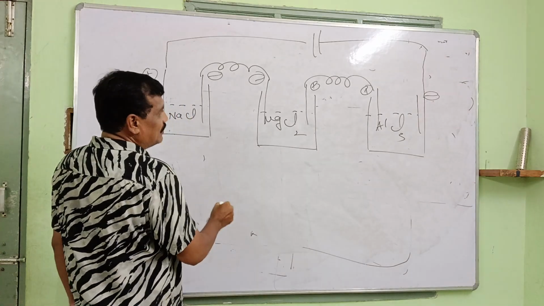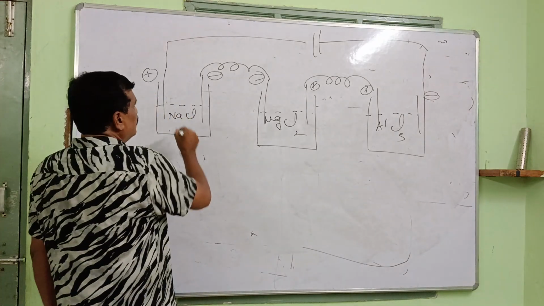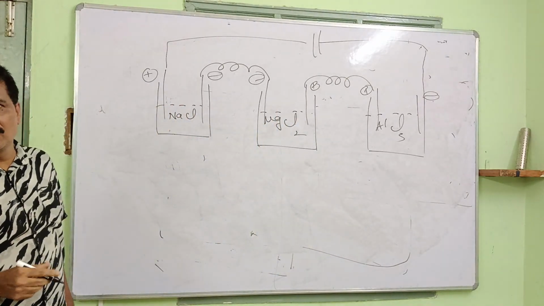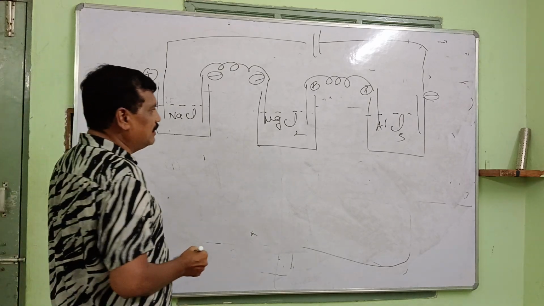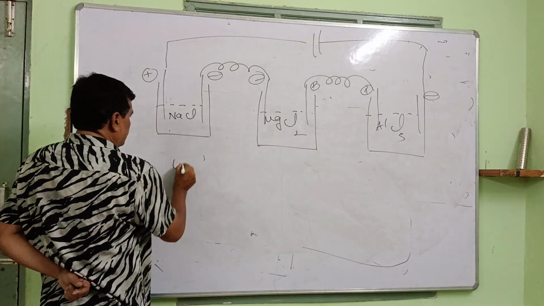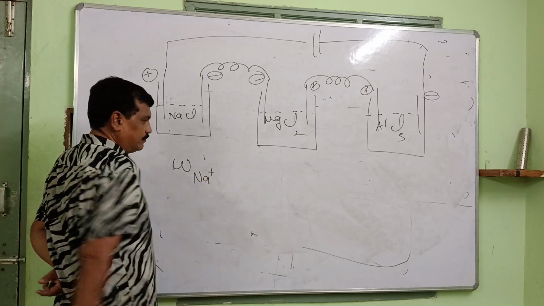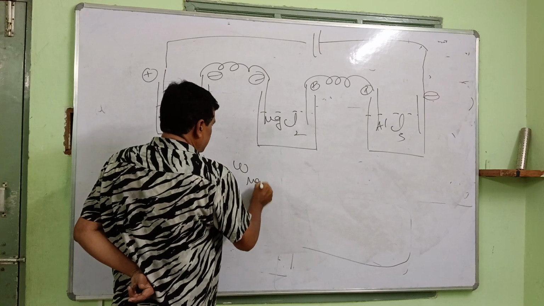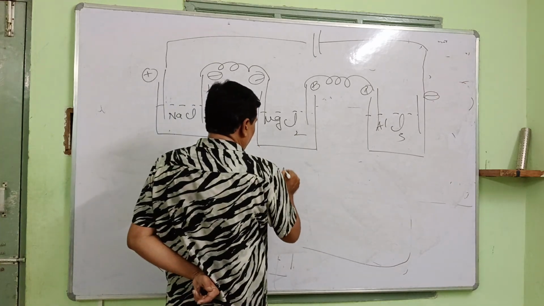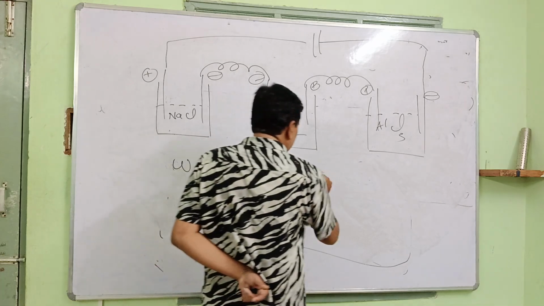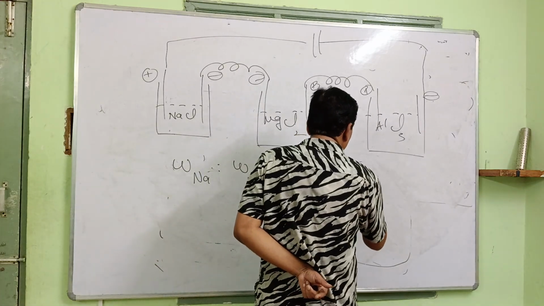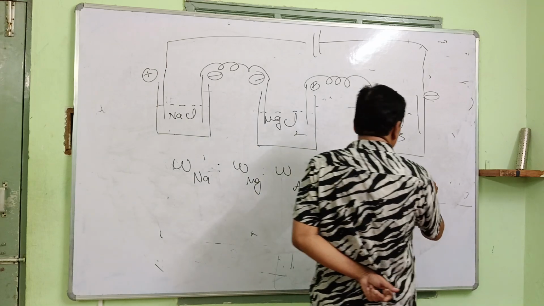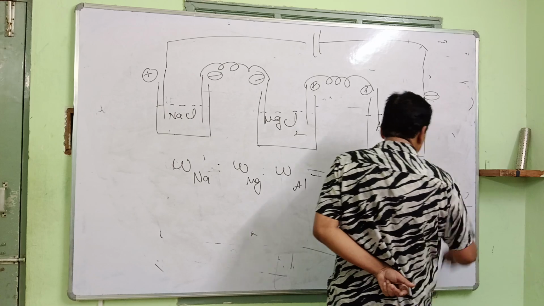That means W of Na : W of Mg : W of Al equals equivalent weight of sodium : equivalent weight of magnesium : equivalent weight of aluminum.